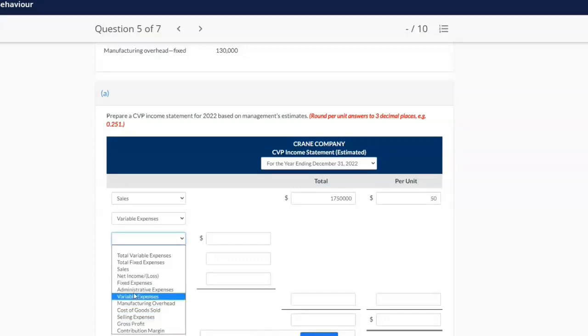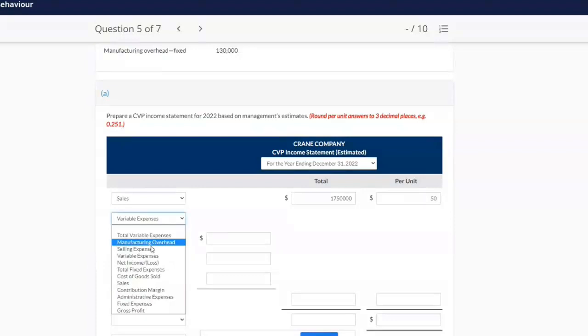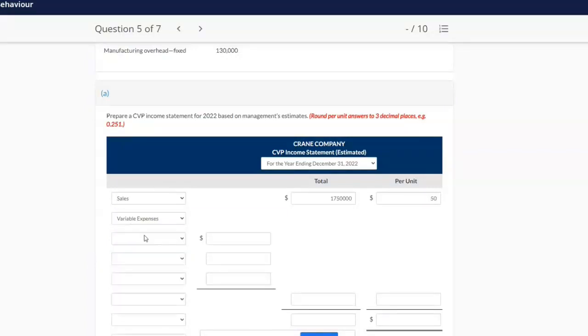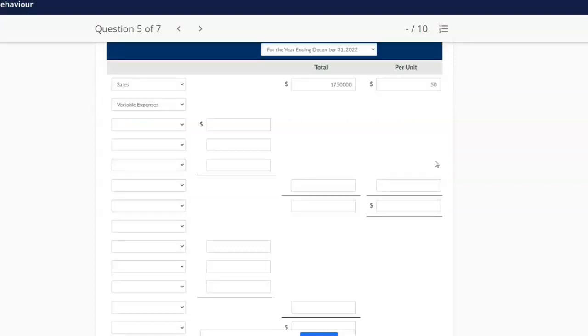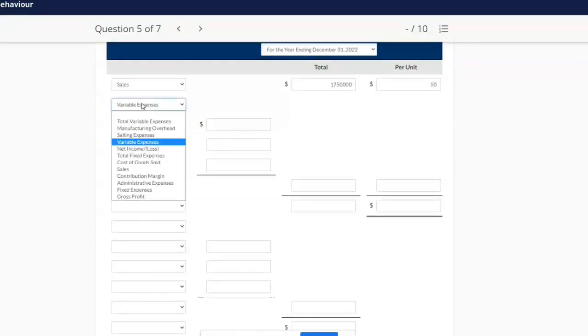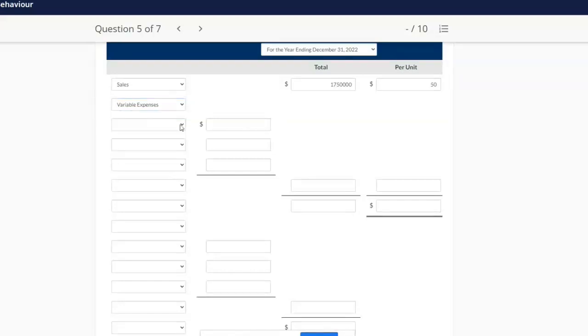I think we have to add them on. No, I think it should be the variable expenses. Underneath, it should be cost of goods sold, then the selling expense, because it's a different version. Now the cost of goods sold is direct material, direct labor, and variable manufacturing overhead.